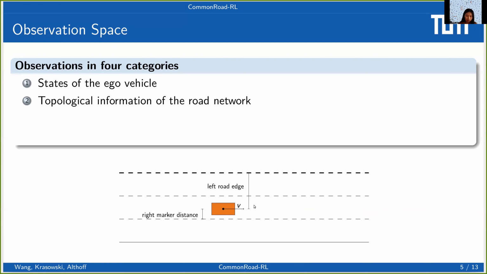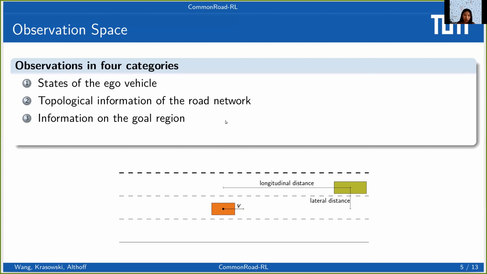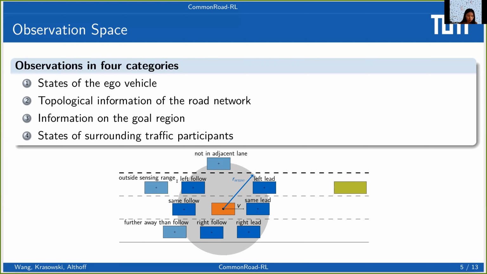For example, here, the distance to the left road edge and the distance to the right marker of the ego lane. Since our task is to reach a predefined goal region, we also provide information on the goal region. For example, here, the longitudinal and lateral distance to the goal area. To avoid collision, we also provide states of the surrounding traffic participants within a given sensing range.